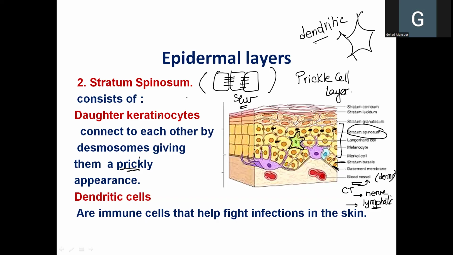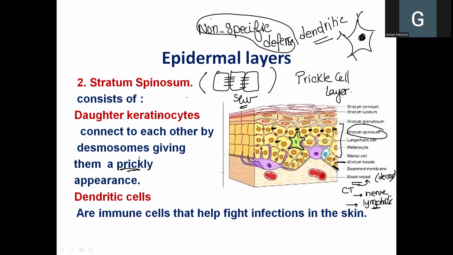It is an immune cell, and actually it is a non-specific one. When it is non-specific, the more accurate terminology is not immunity but non-specific defense cell, because we have two types of defensive mechanisms in the body.